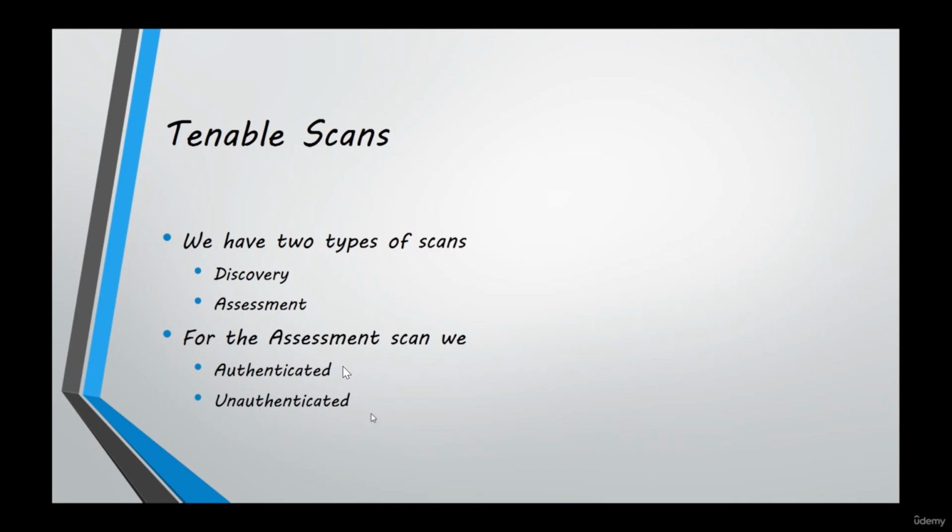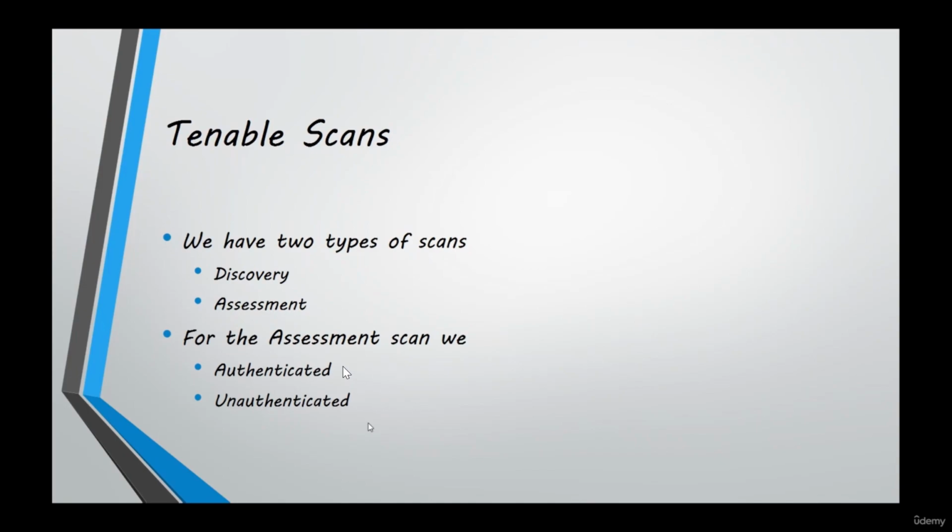In the unauthenticated scan, you only have network connectivity to the hosts. Let's say you are seeing the host as an attacker, trying to find vulnerabilities to exploit them. That's what the attackers do, but Tenable Security Center will not exploit them. It will report the vulnerabilities to you.